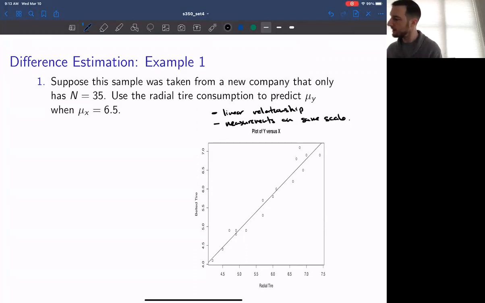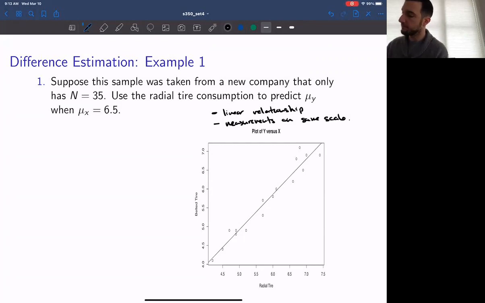Okay, now. So we have, suppose this sample is taken from a new company that only has a total of 35 cabs. Use the radial tire consumption to predict mu y when mu x is equal to 6.5. Okay, so we're going to be predicting the belted tire consumption in this case, based off of the plot that we're using and based off the language in the question.